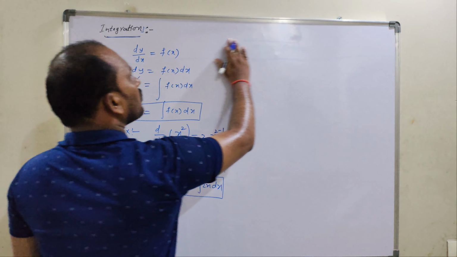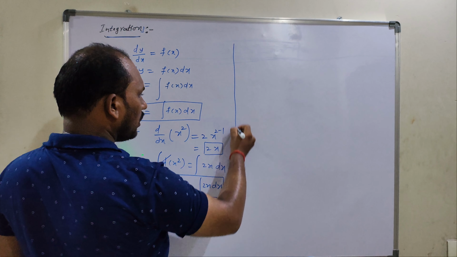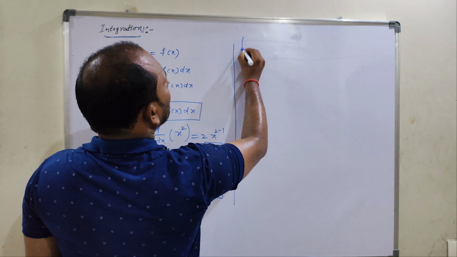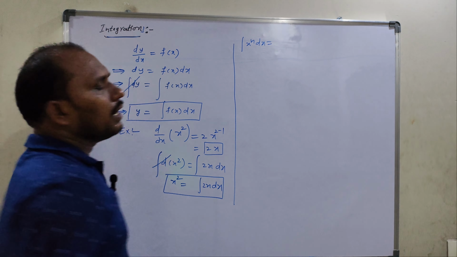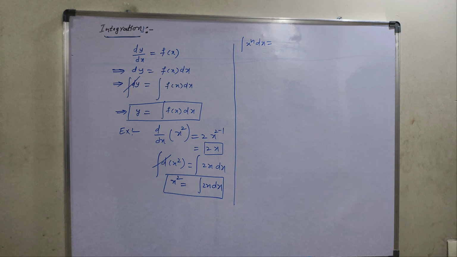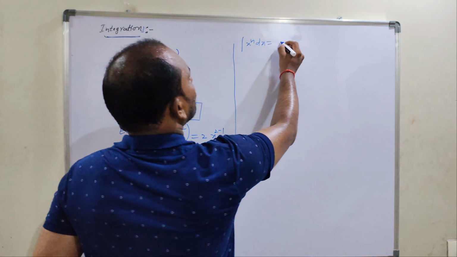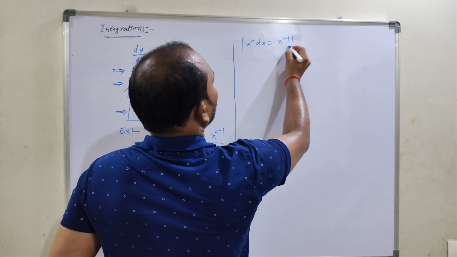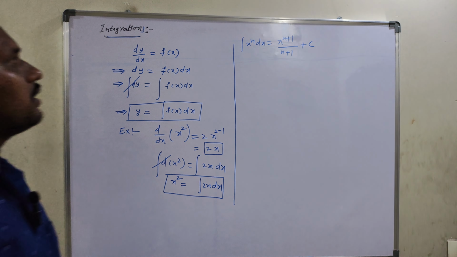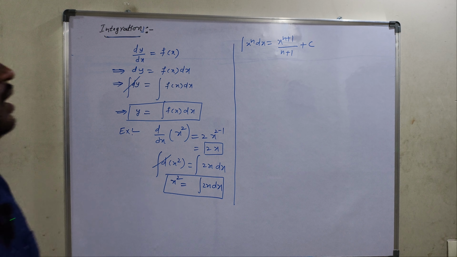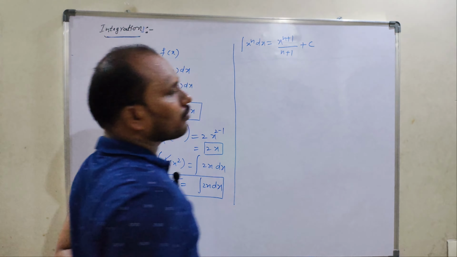The integral of x power n dx is equal to x power n plus 1 by n plus 1 plus c.